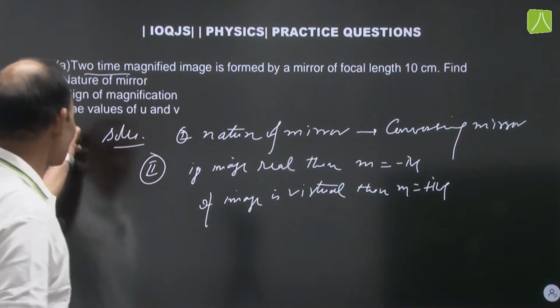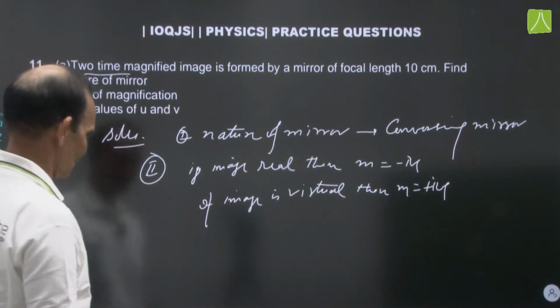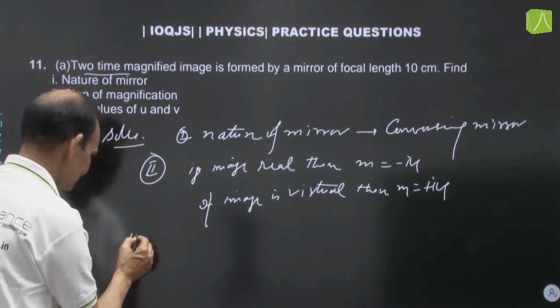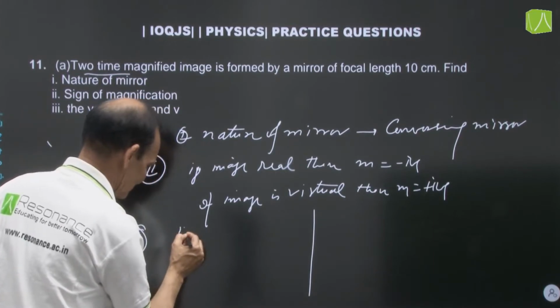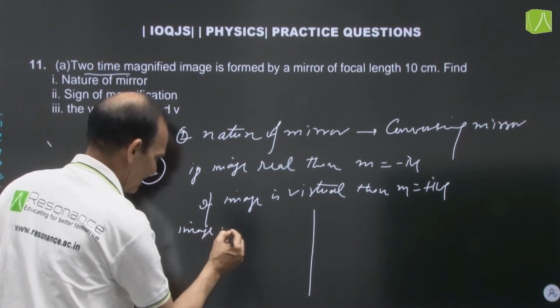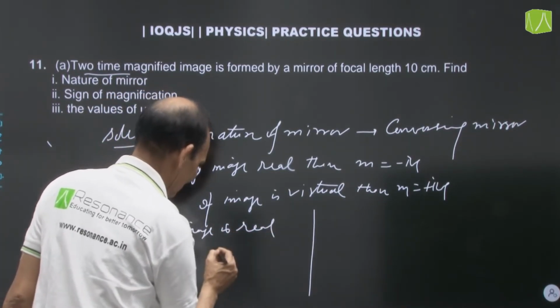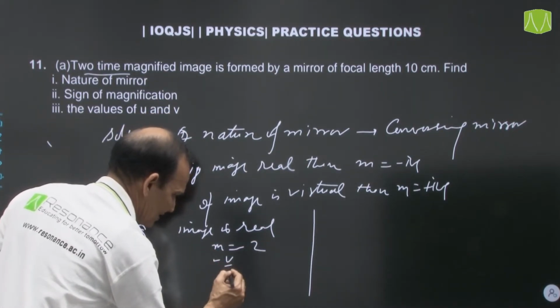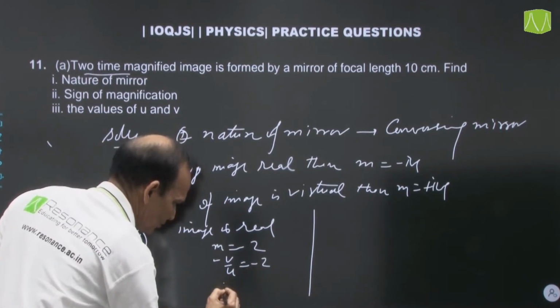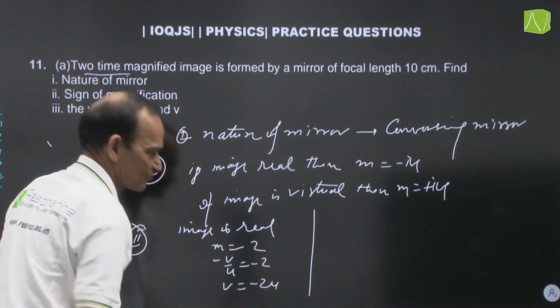Now the solution of the third part depends on this second part. Now think about this third part. Divided into two parts. Image is real, then M is equal to minus 2, but the formula is minus V by U, that is minus 2. So V is equal to 2U.